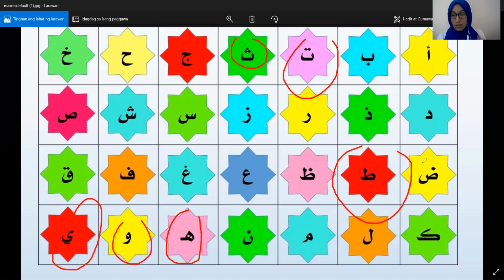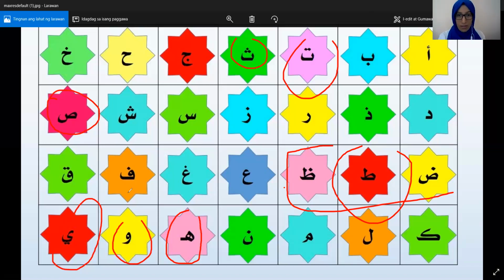Then I have sad, dad, ta, za. All these four letters are heavy, starting from sad. Then I have ayn, light, and ghayn. So the two letters from the top of your throat are heavy letters.